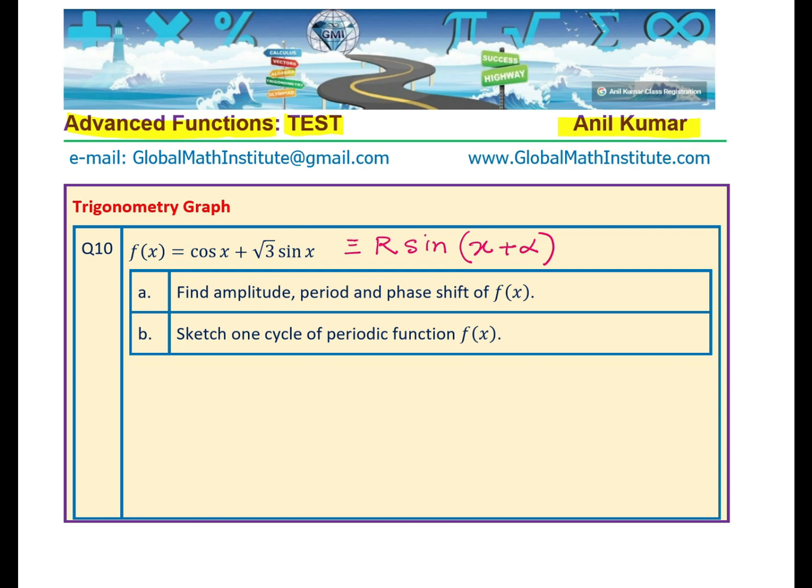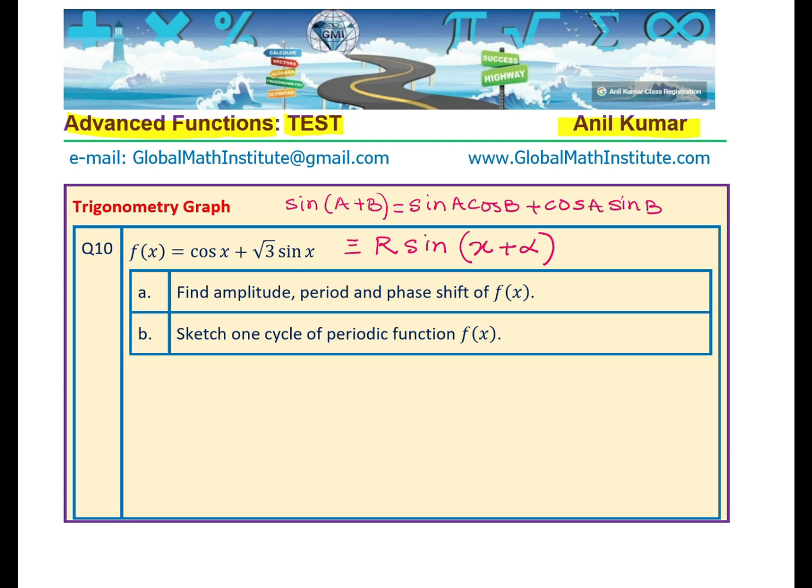Now, the expression given to you is cos x plus square root 3 sine x. If you remember, sine of a plus b is sine a cos b plus cos a sine b. So you could rewrite the given expression in the form sine a cos b plus cos a sine b, right?